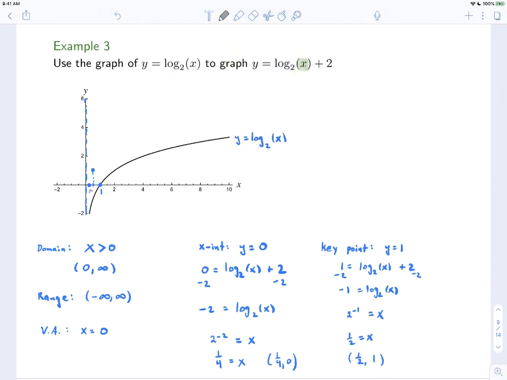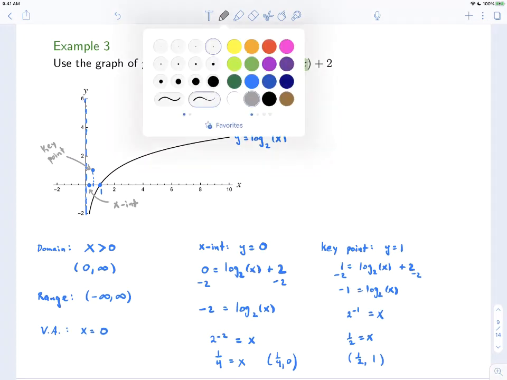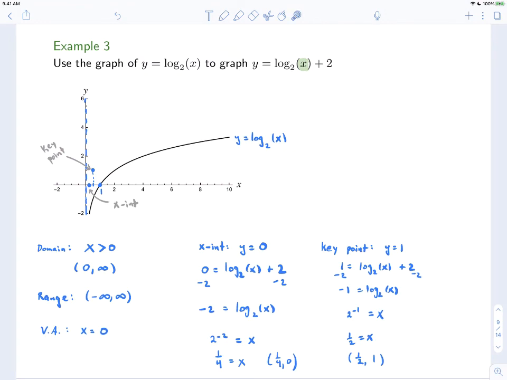So here we have our x-intercept, and here we have our key point. And now we just connect the dots, being sure not to pass through this vertical asymptote, because we know that as x moves closer to the vertical asymptote, you're going to get negative infinity.